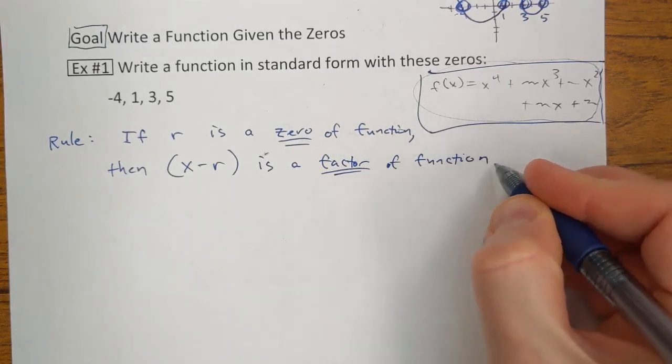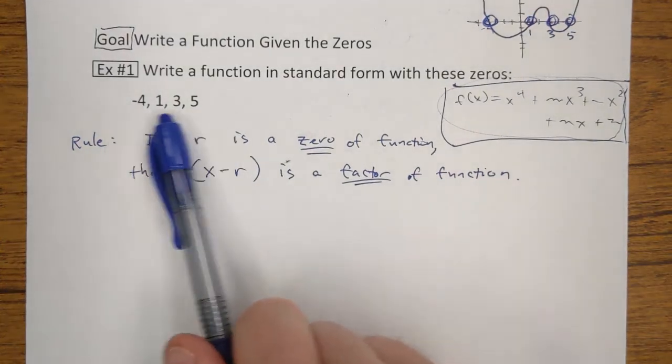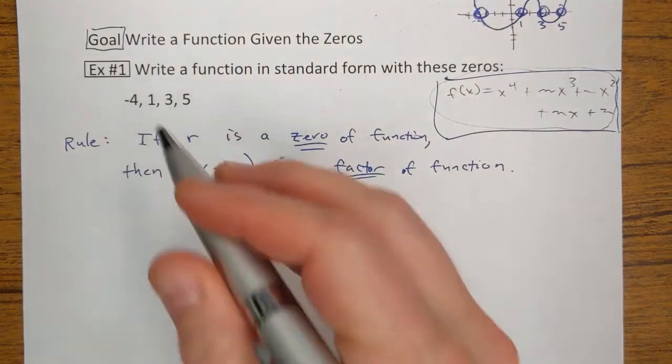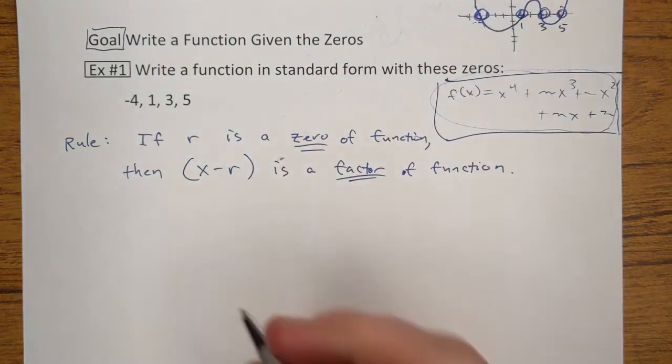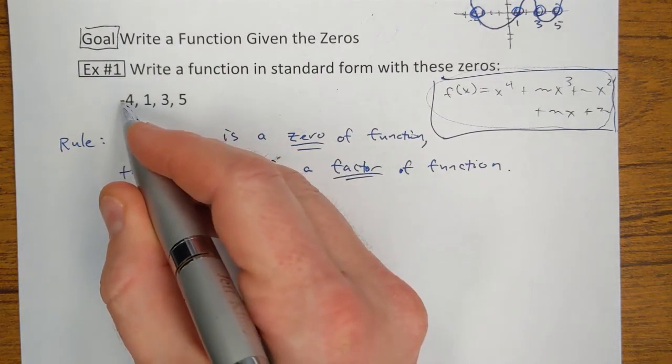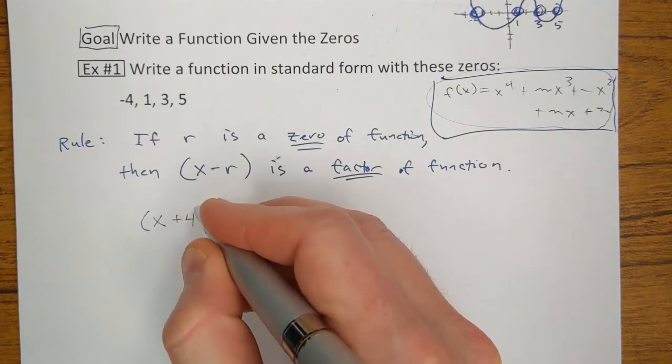To put that into practice, here's what we do. These are all of the zeros that we have. If -4 is a zero of a function, then you actually change the sign. If it's -4, I'd make the factor x plus 4.